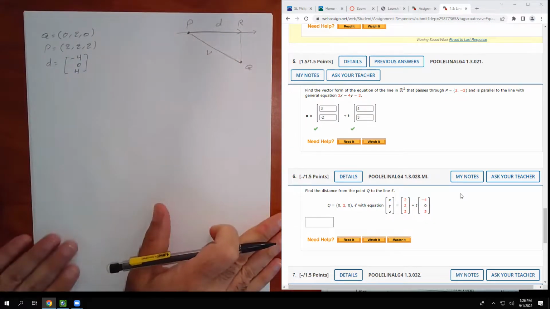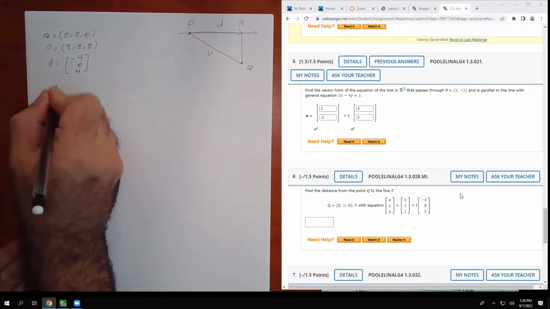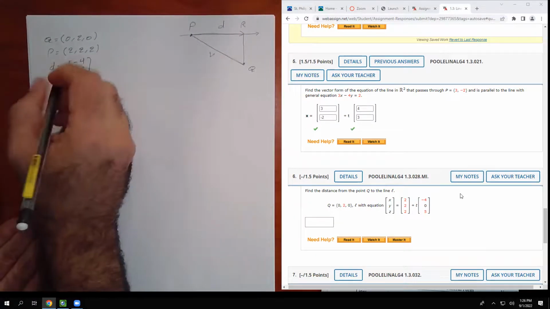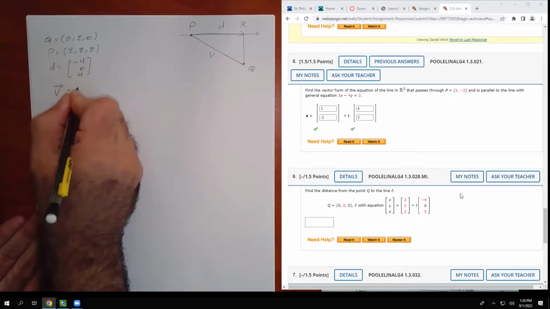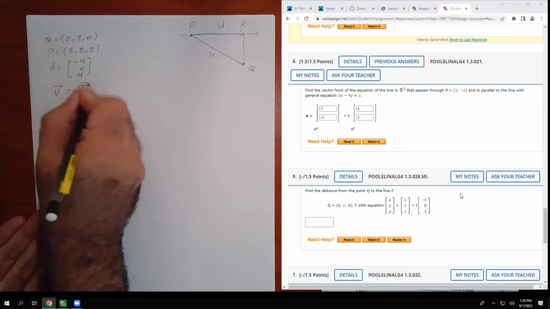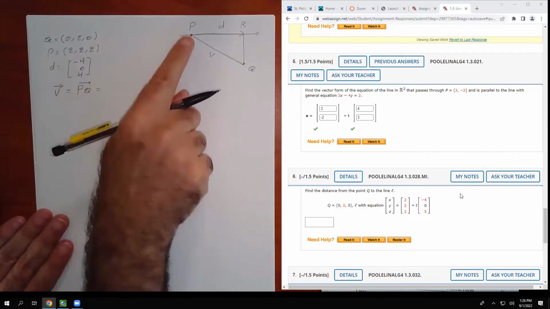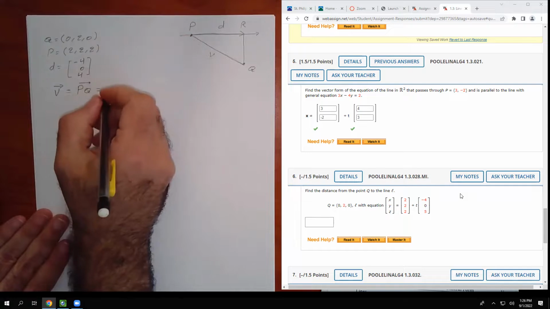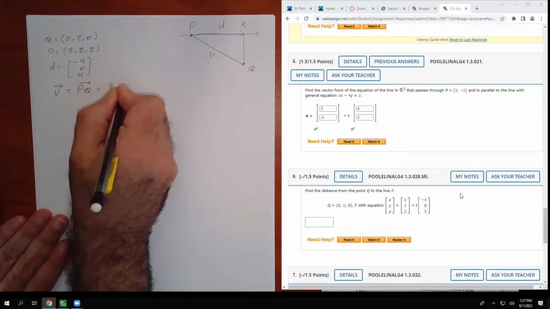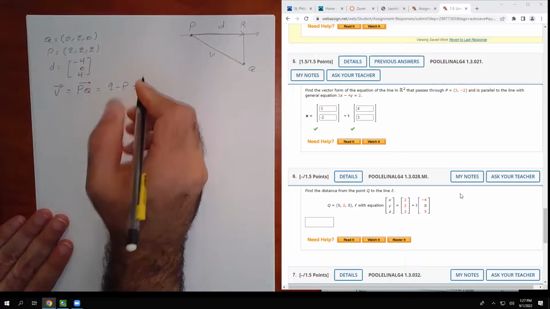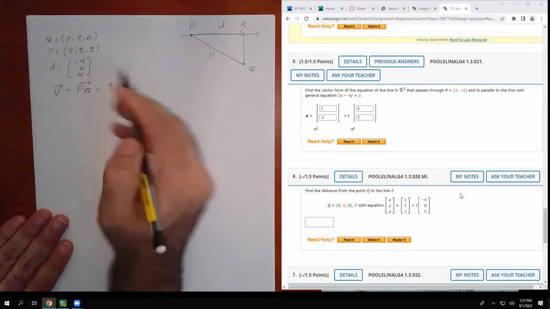So let's check it out. First thing, the vector V is going to be PQ, which is equal to the coordinate of Q minus P. Let's write down Q minus P.